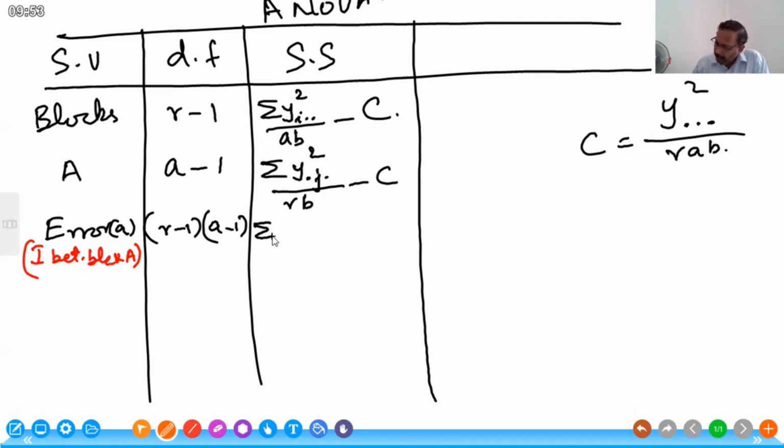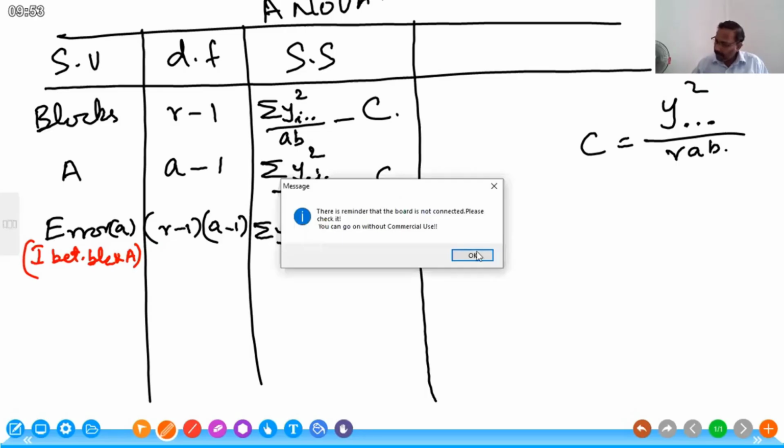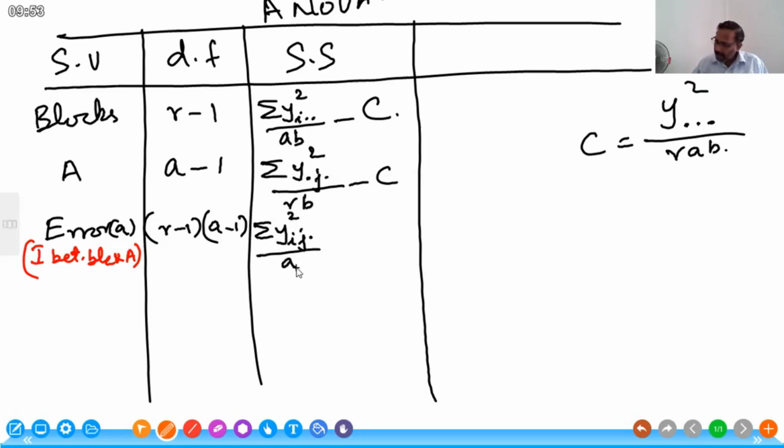So this is summation y ij dot, the interaction effect between block and A, not B, square, divided by b, minus C, minus block sums of square, minus sums of square due to A. Which we have already calculated in block sums of square and the A sums of square.